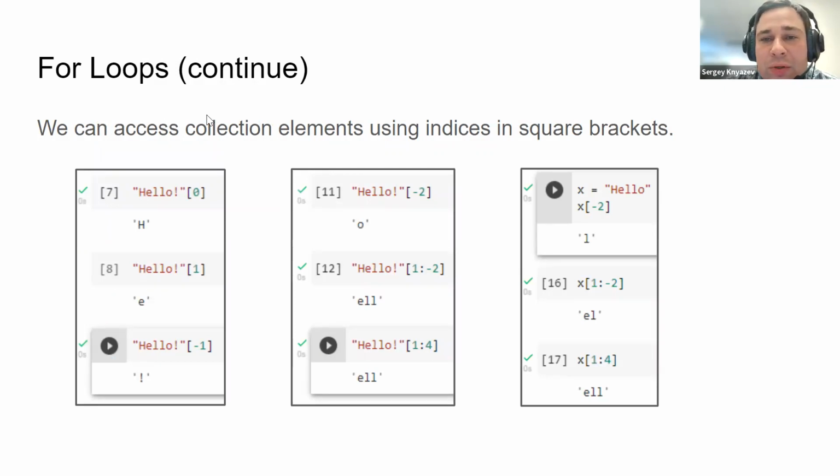The interesting property of collections is that you can access collection elements using indices and square brackets. These square brackets are a little more general than just putting numbers there, but here we are going to use numbers as indices.